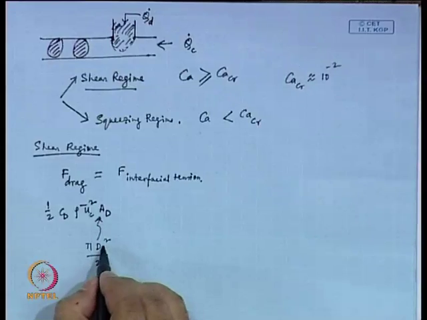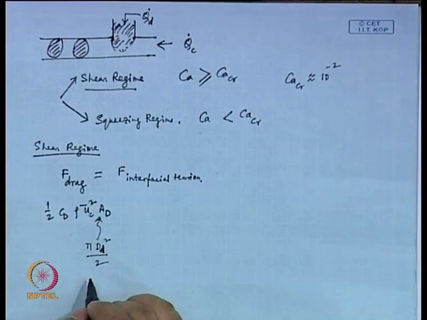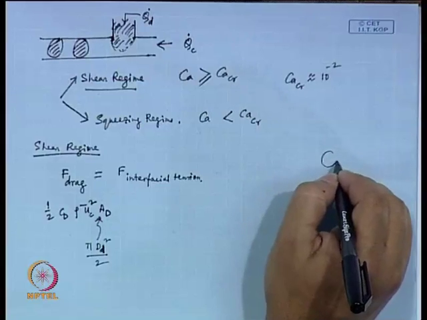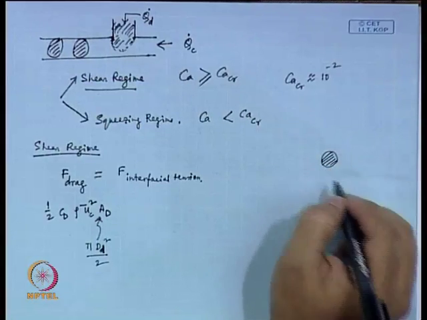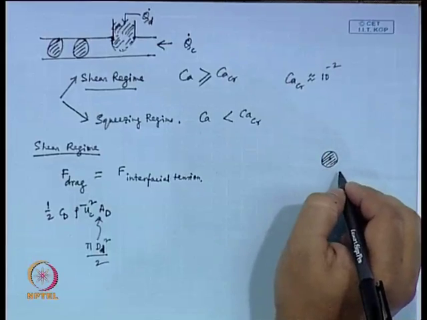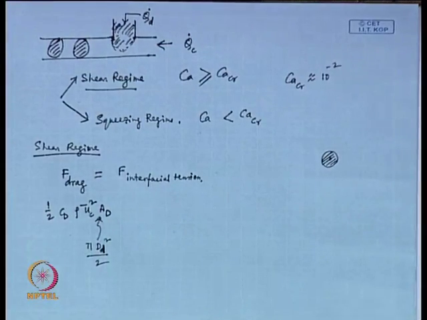That is, the diameter of the droplet square by 2 pi, what, no. If this is the area, that means it would be pi d square by 4. I should not be taking it by 2.